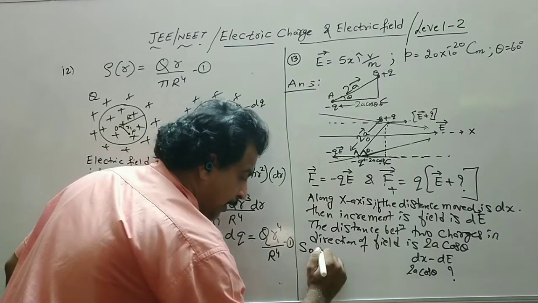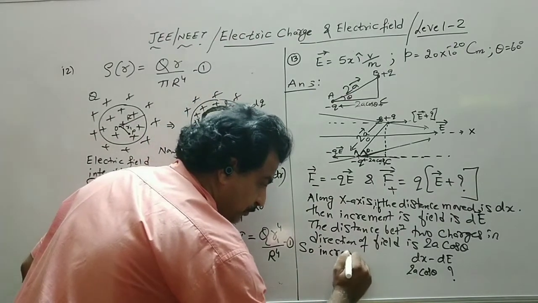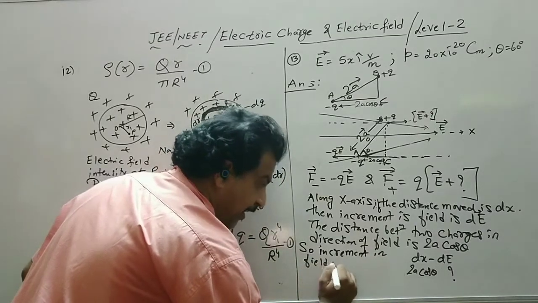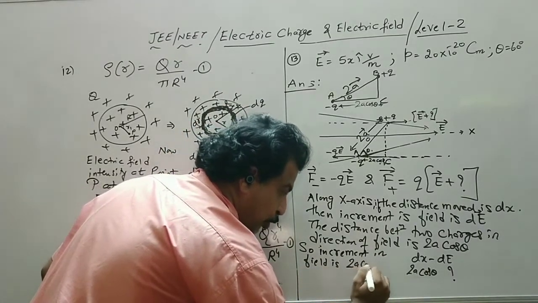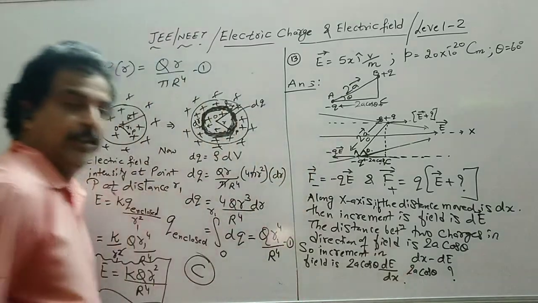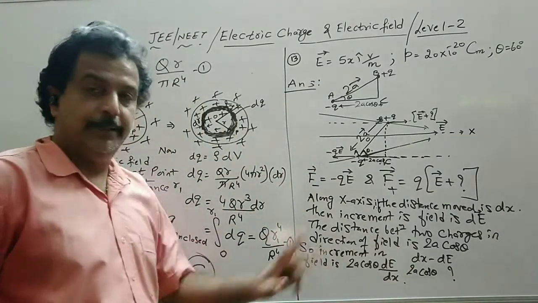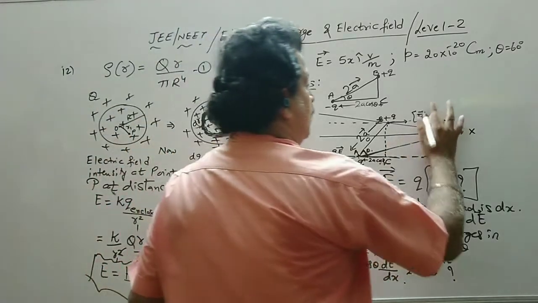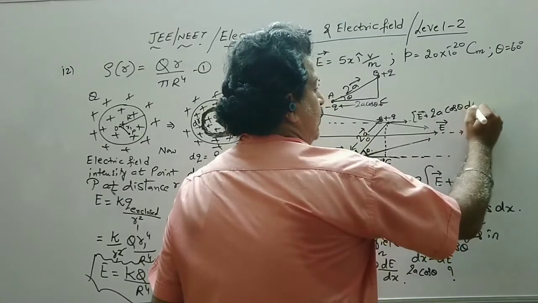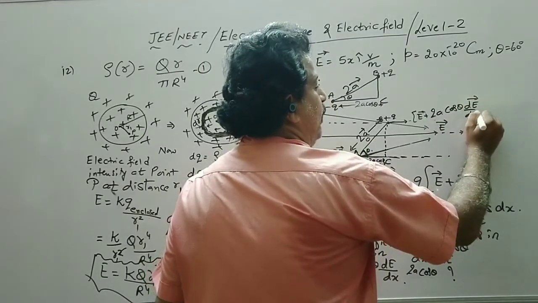So the increment in field is 2a cos theta dE by dx. So this is the value of our question mark. So this question mark is replaced by 2a cos theta dE upon dx.